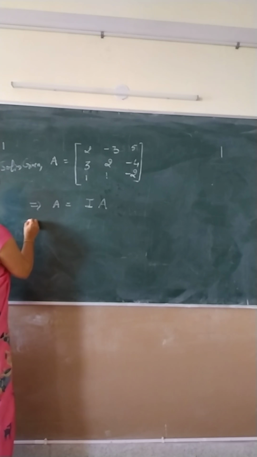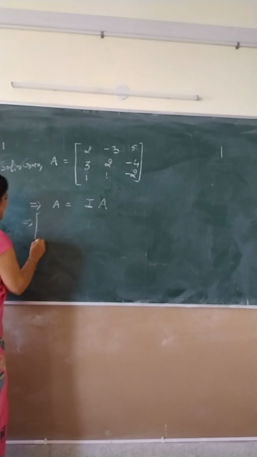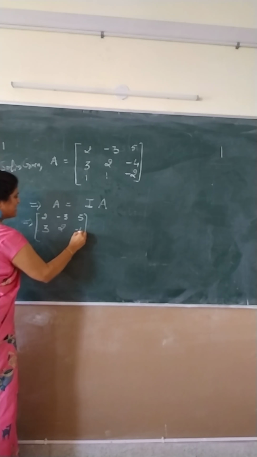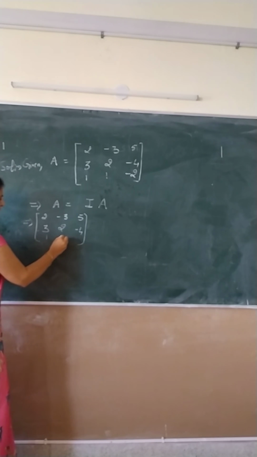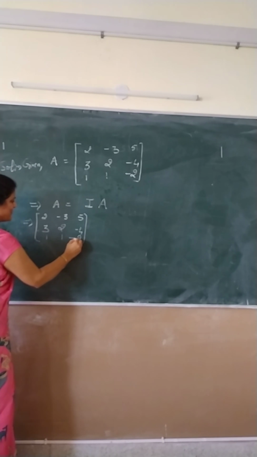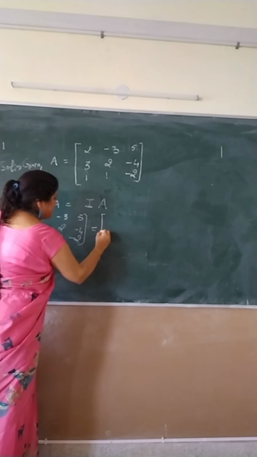Now it implies the given matrix A is equal to: first row 2, minus 3, 5; second row 3, 2, minus 4; third row 1, 1, minus 2. Which is equal to identity matrix.